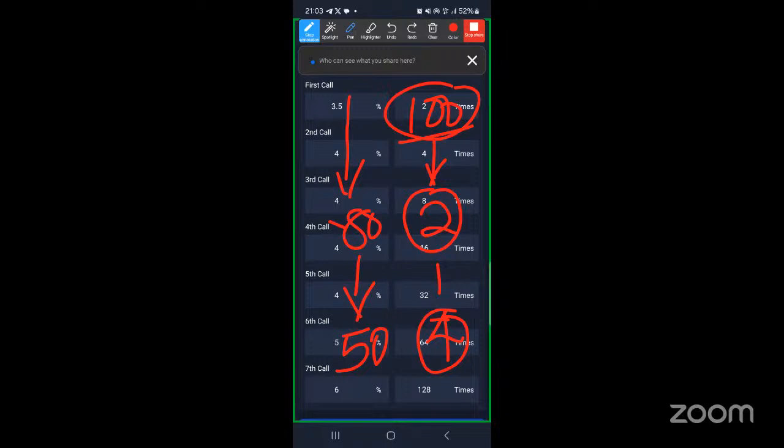So you bought 1 coin here at $100. You bought 2 coins at $80. You bought 4 coins at $50 each. You are on the principle. If you deviate from this principle, you risk staying in the market for long. You risk having your capital stuck. Have I answered you, Joe?